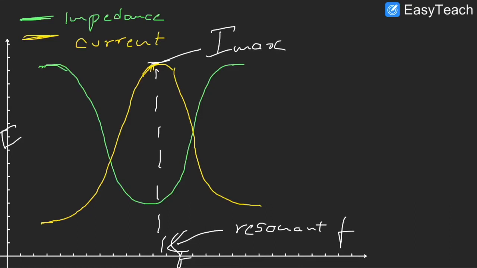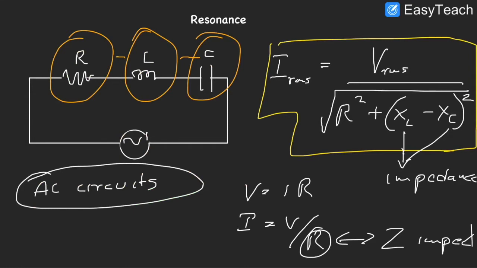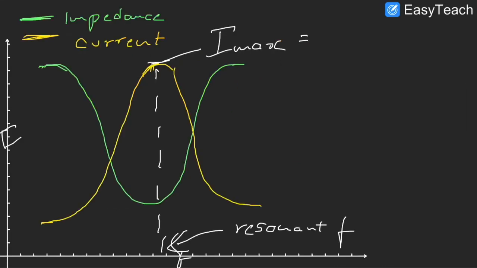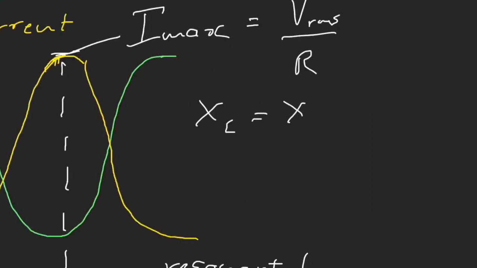The expression for this simplifies, if you look at this expression right here, XL minus XC. When XL and XC are equal, it simplifies to just VRMS by R. So that is the condition for resonance, that is XL equals XC.